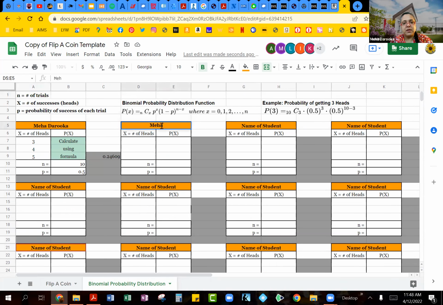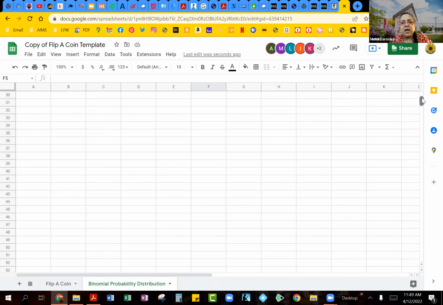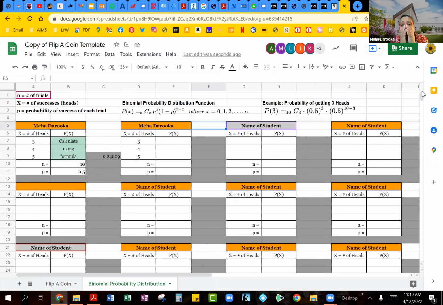So I'll go ahead and put my name here. And then I had number of heads as 3, 4, and 5. So I'm going to go ahead and put that in here. I'm not sure what that's coming from. Okay. So again, as you can see, you should have more than enough spots in here. So claim a table and go ahead and put your name on it.